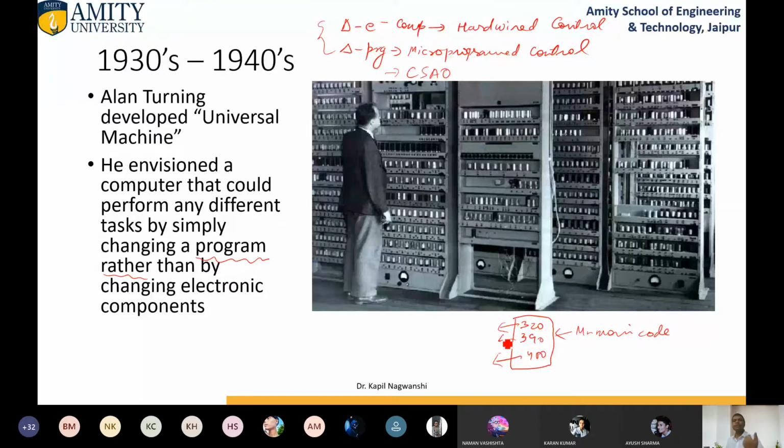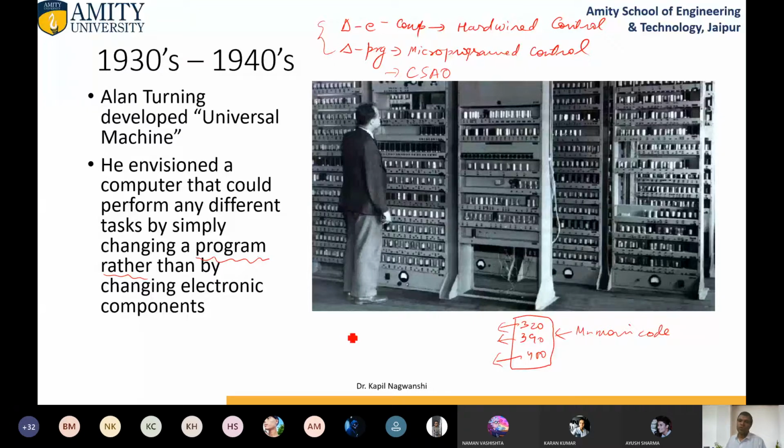With the help of mnemonic codes and this flexibility, we can write a program in any style so that it will produce the result. That was the biggest achievement of that time: we need not hardwire a chip for each and every function.